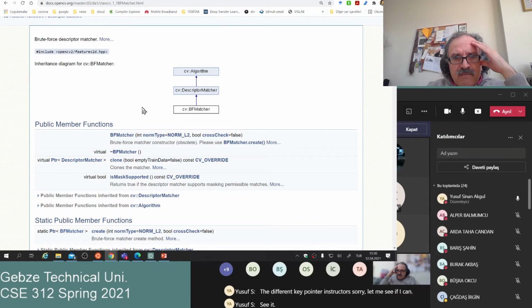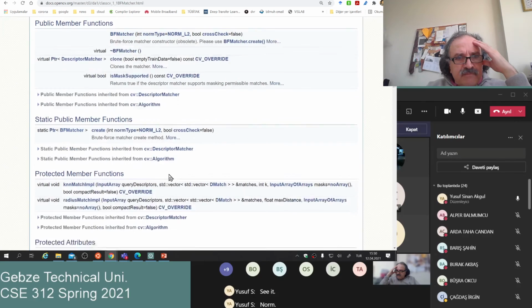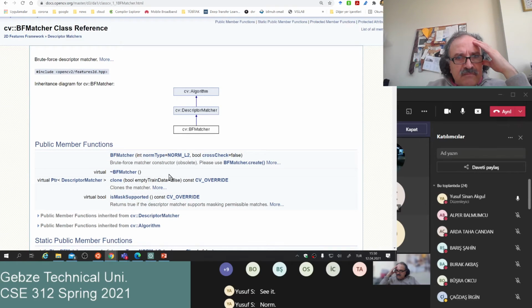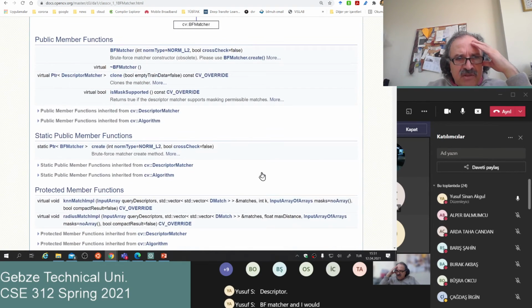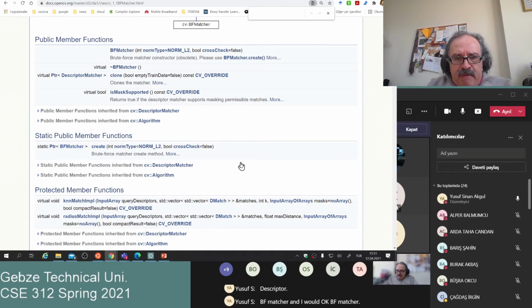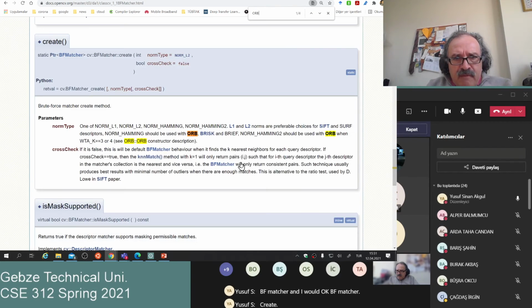Norm, descriptor, BF matcher and algorithm. Okay, BF matcher, create, ORB. Okay, normalization type, Hamming are preferable to SIFT, SURF.